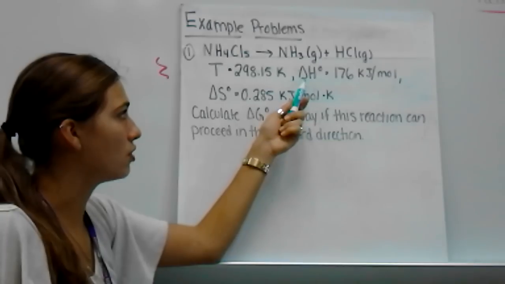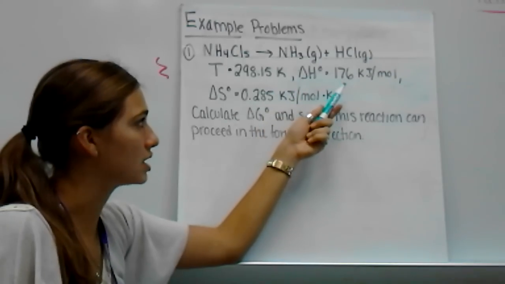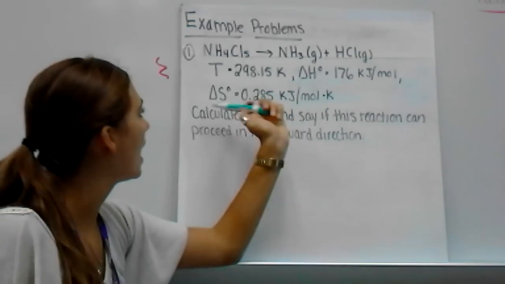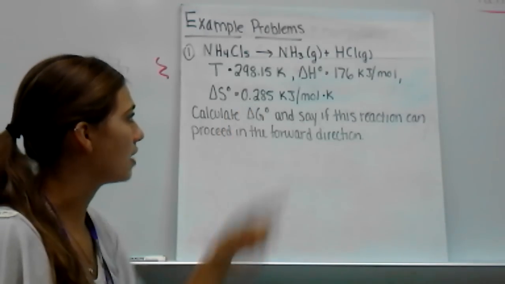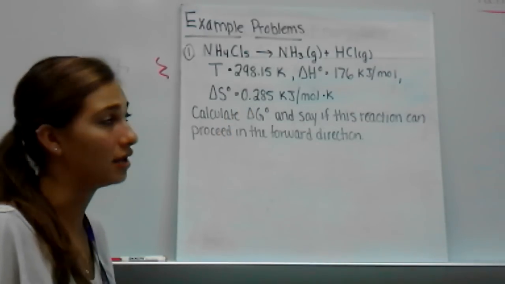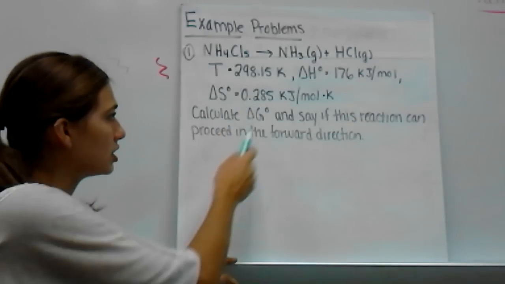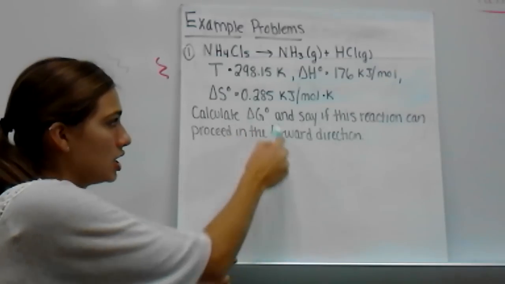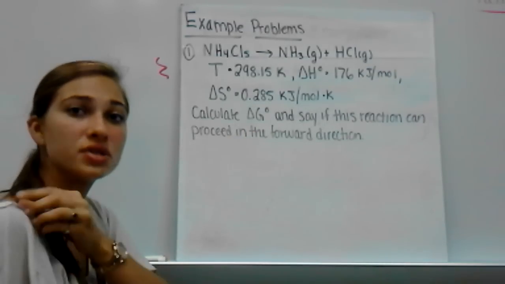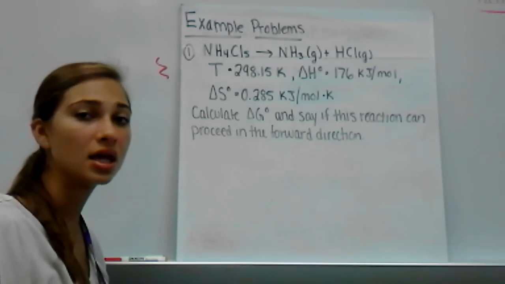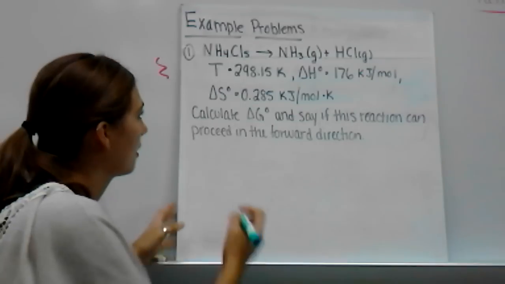Then it's telling us that the molar enthalpy is 176 kilojoules per mole. And it's telling us that the molar entropy is 0.28 kilojoules per mole degree Kelvin. What they want us to do here is calculate delta G and see if this reaction can proceed in the forward direction.